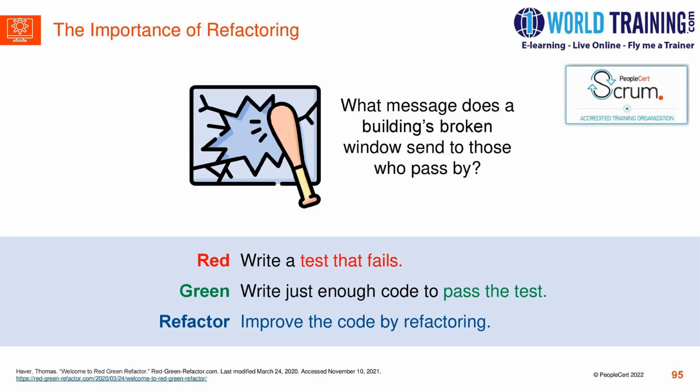When you see the glass or window of a building is broken, what kind of message does it send to the people who pass by? It shows that obviously there are issues with the design. It also shows how strong the design is.